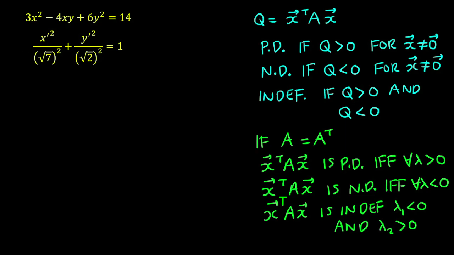Now consider our quadratic form, which was x transpose by A by x is equal to a constant r, where r is not equal to 0. Then if we divide through by r, we get the following form.